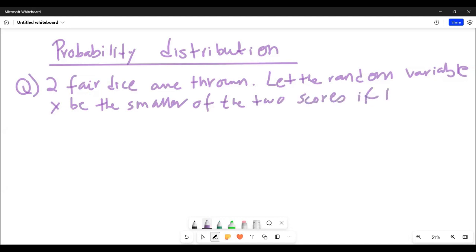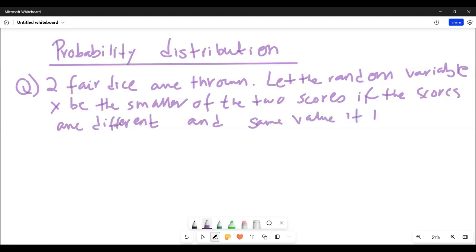This is your hint that it's a question on probability distribution. If the scores are different, and the same value if the scores are identical.